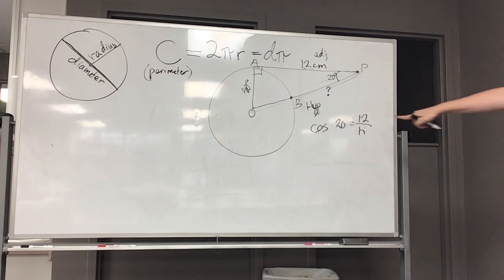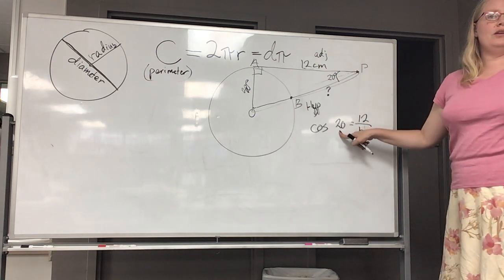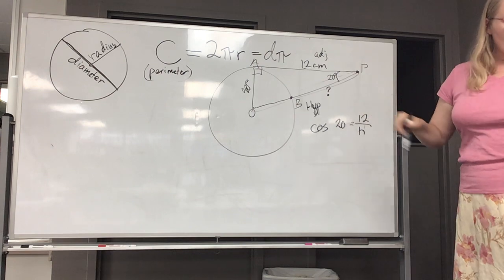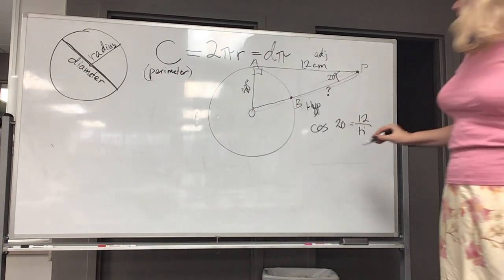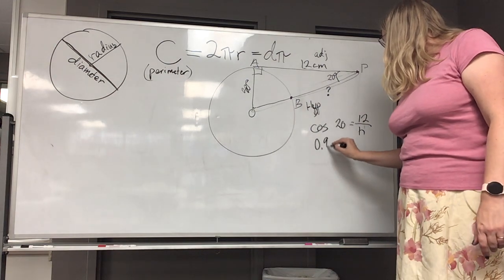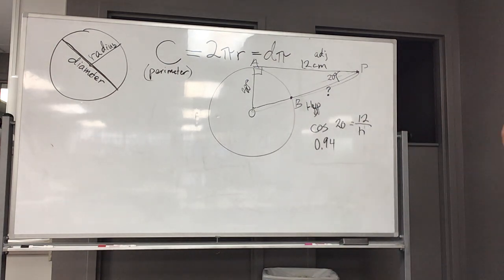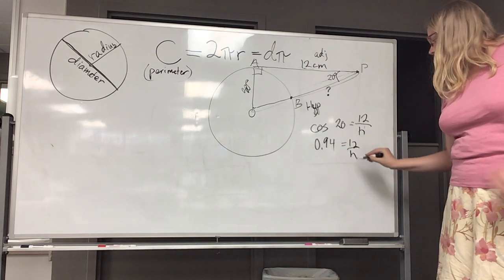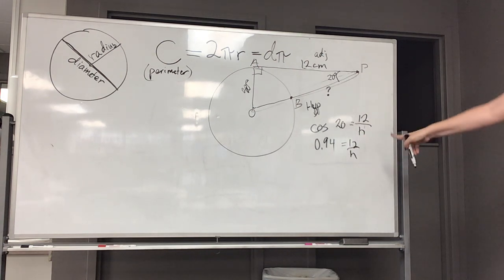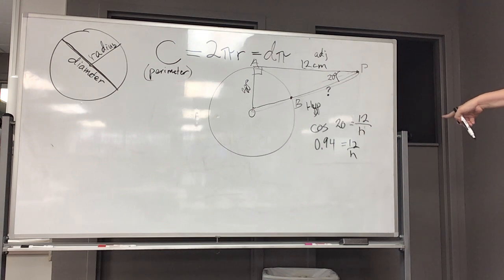You can put cosine 20 into your calculator now if you want, or you can use the number they gave you, that the cosine of 20 is 0.94. Good point of reference. How do we get a variable out of the bottom of a fraction? Do you guys remember how to deal with that?